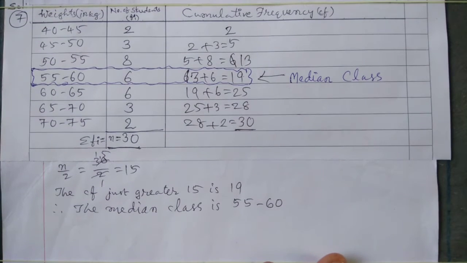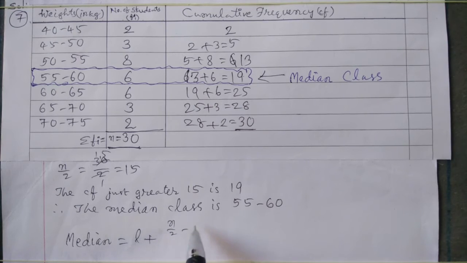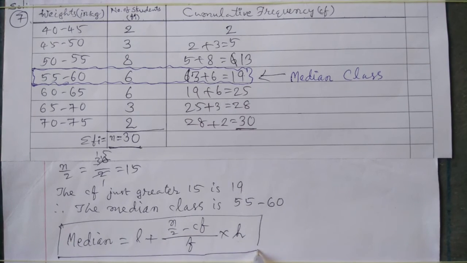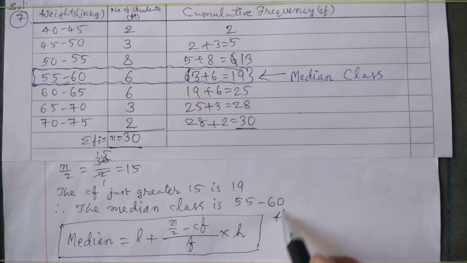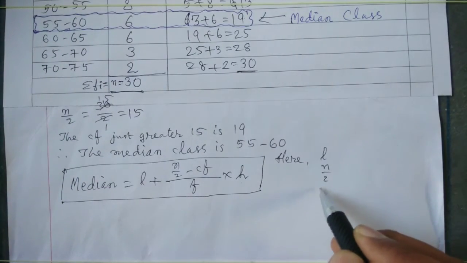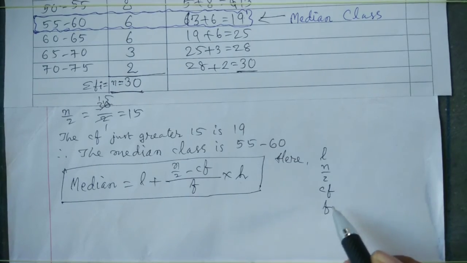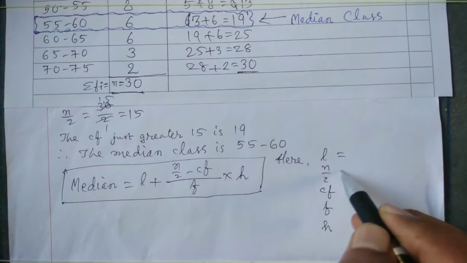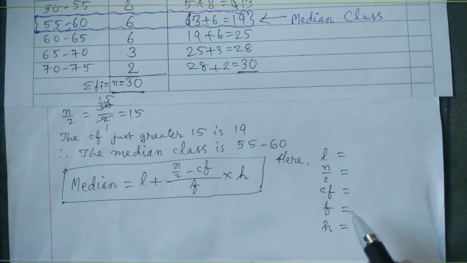To find the median, we have the formula: median is equal to L plus (n by 2 minus cumulative frequency CF) by small f into h. This is the formula for finding the median. We have to know all these values.